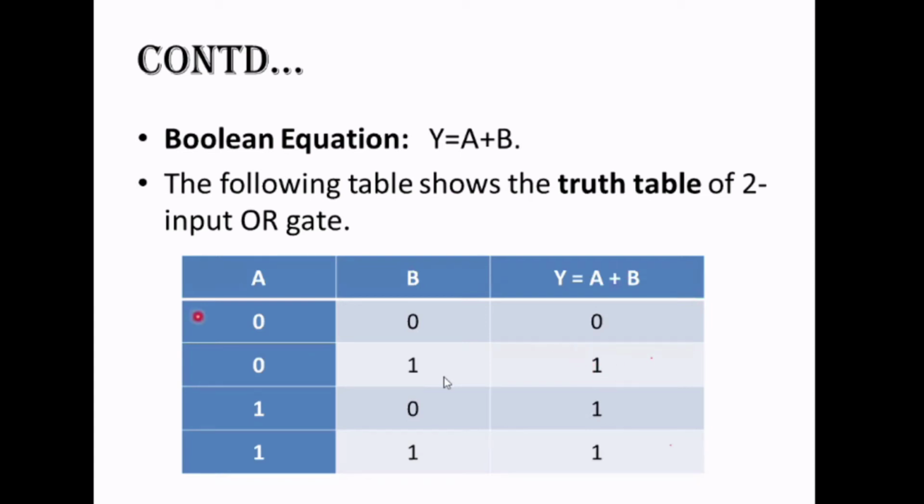If you want to construct this table using the terms low and high, also you can construct, right? यानी कि आप अगर यहाँ पे 0 की जगह लो लिखना चाहते हो तो you can write that also. Low, low, low. Low, high, high. High, low, high. High, high, high. आप ऐसे भी लिख सकते हो, ठीक है? Now, the next input combination that we have presented is 1, 0, right?